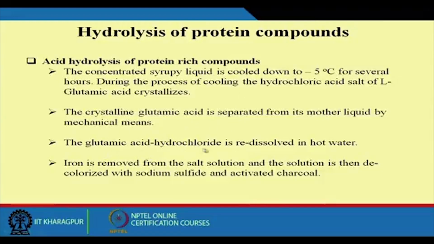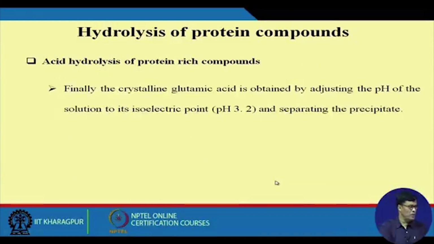The glutamic acid hydrochloride is re-dissolved in hot water, and iron is removed from the salt solution, and the solution is then decolorized with sodium sulfide and activated charcoal. We have already pointed out activated charcoal is largely used in the industry for the decolorization of the solution, in both chemical and biochemical industries.